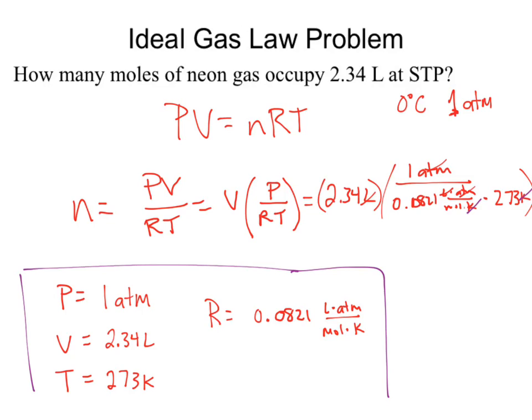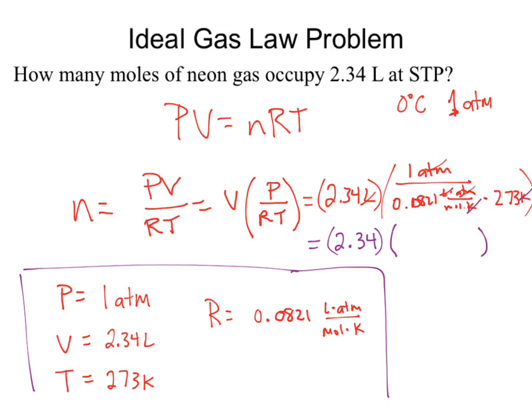I did switch this around ever so slightly, and I would like somebody with a calculator to go through and do this calculation for me. Do not use the 2.34, but I want you to take 0.0821 times 273, and then do 1 divided by that number. What do you get?